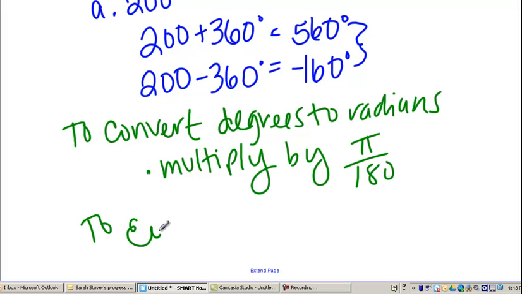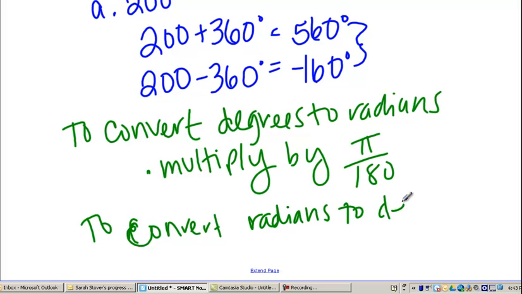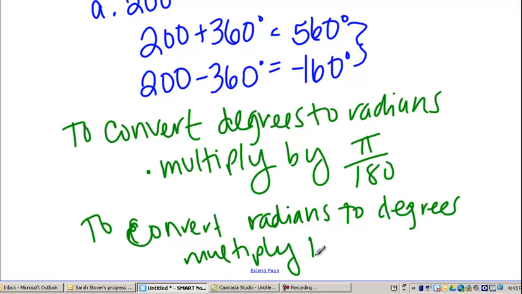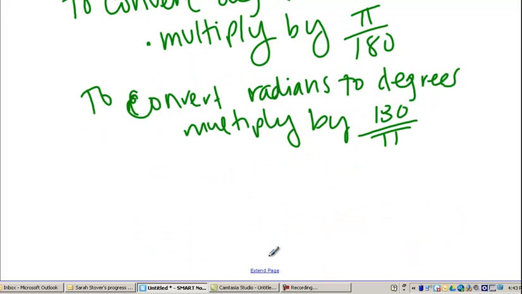To convert radians to degrees, you're going to multiply by 180 over pi.